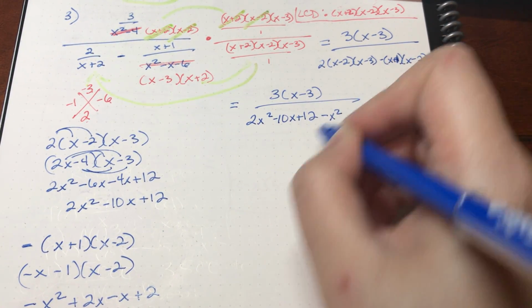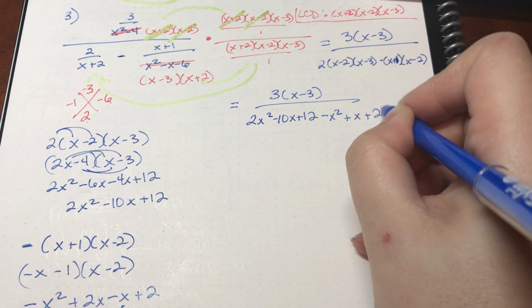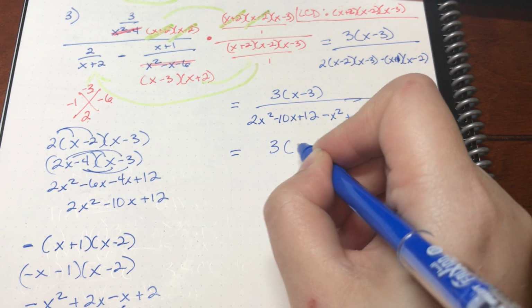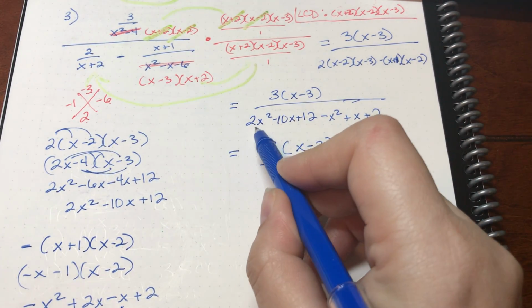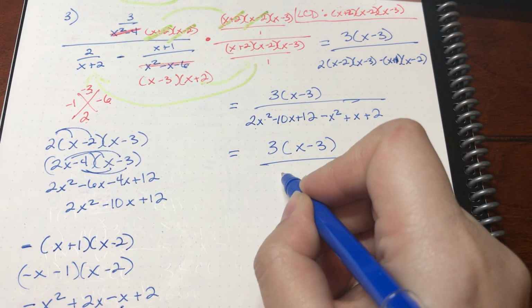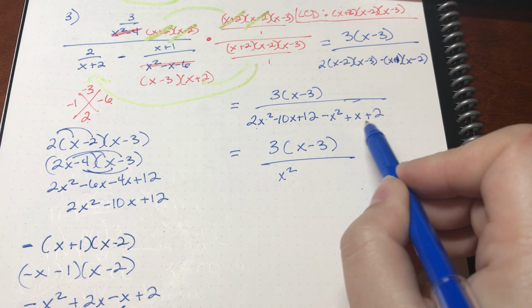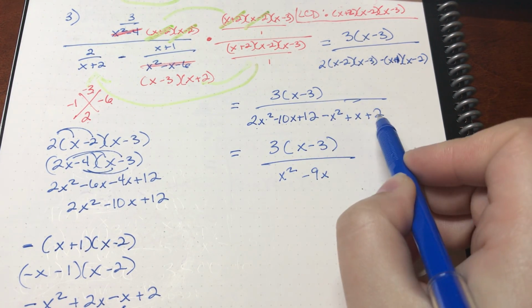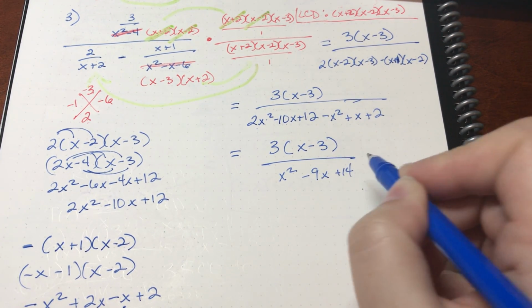Negative x squared. This is just x plus 2. And then combine like terms. So 2x squared minus x squared is just x squared. Negative 10x plus x is negative 9x. And 12 plus 2 is 14.